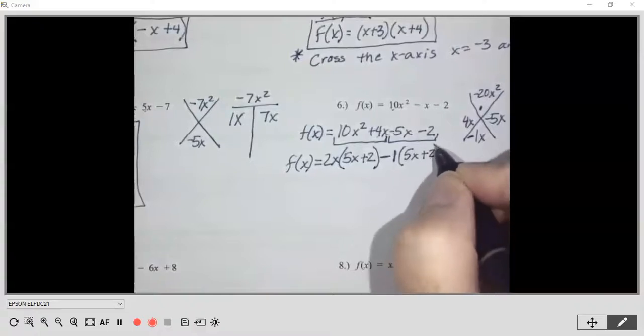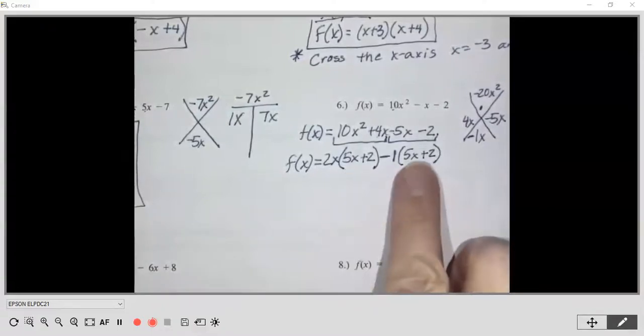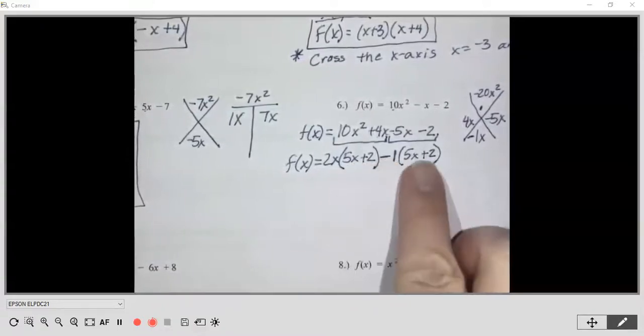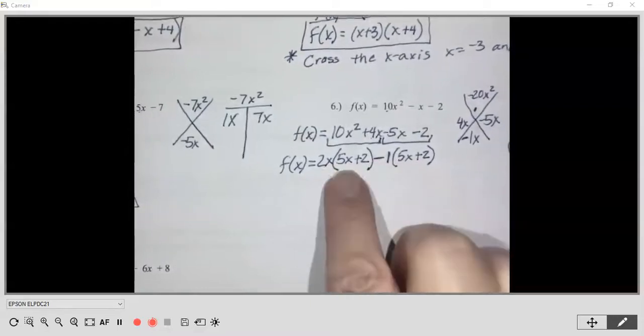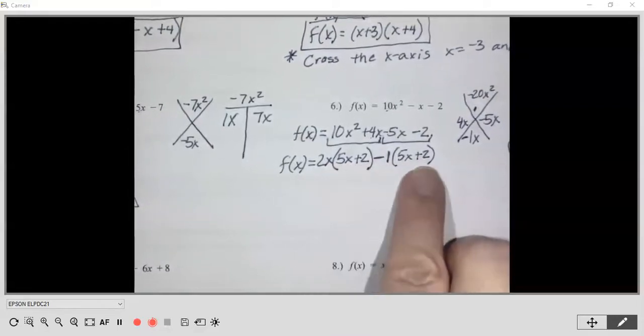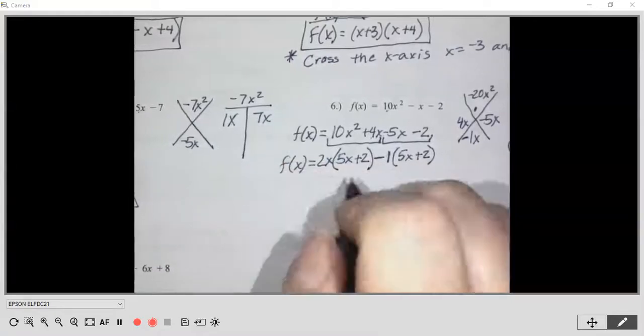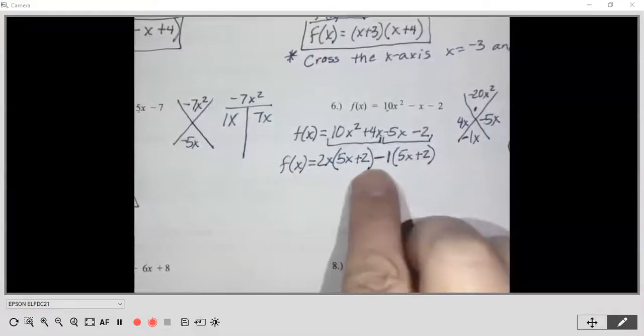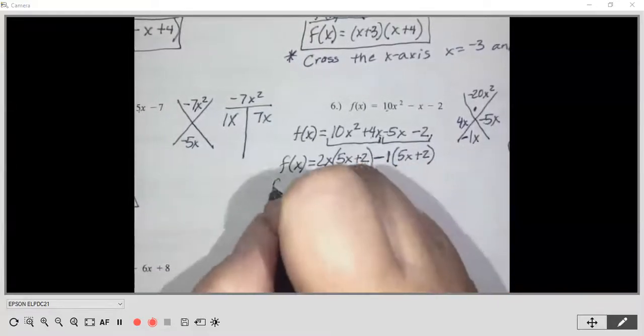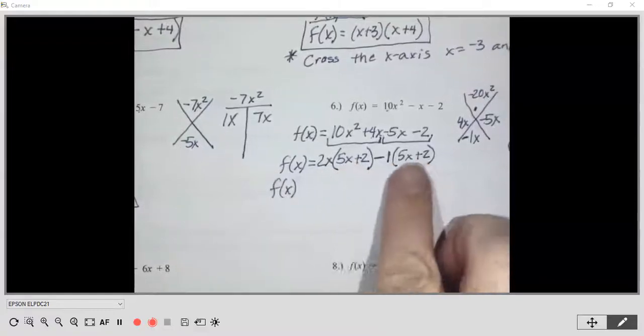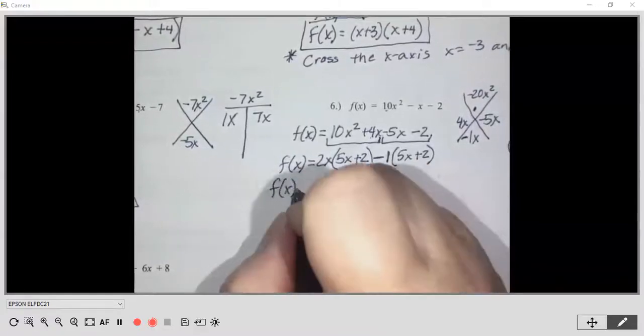Then I check if I factored this correctly: these two numbers left over after I factored out the GCF of each term will be equal. 5x plus 2, 5x plus 2. So now I factor out the GCF of the first term and the second term, which is going to be obvious. It's the 5x plus 2.